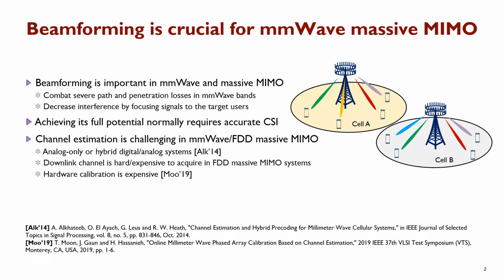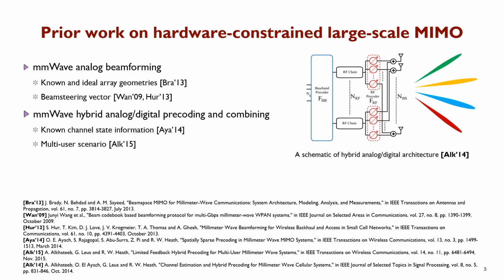Second, downlink channel state information is normally hard or expensive, in terms of training overhead, to acquire in FDD massive MIMO systems. And third, current channel estimation processes normally assume ideal hardware or that the hardware is well calibrated. However, hardware calibration is an expensive process, which means that assuming ideal hardware is not practical.